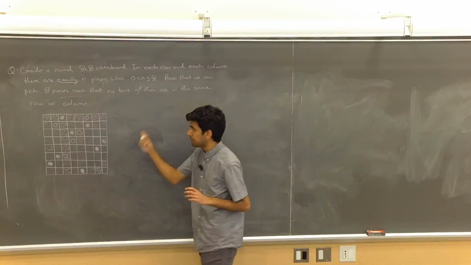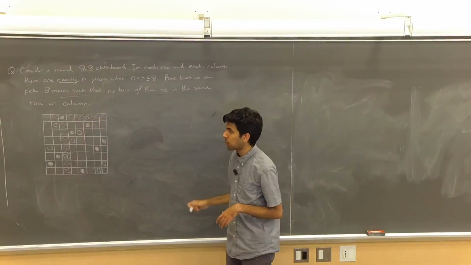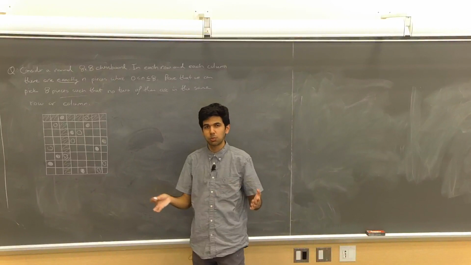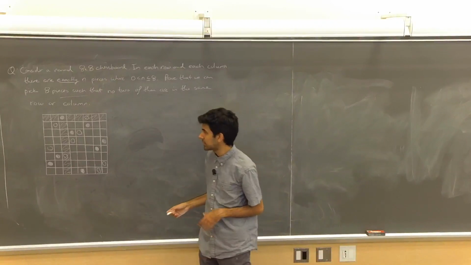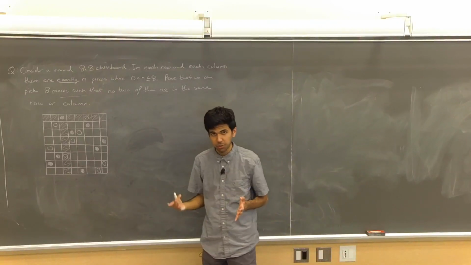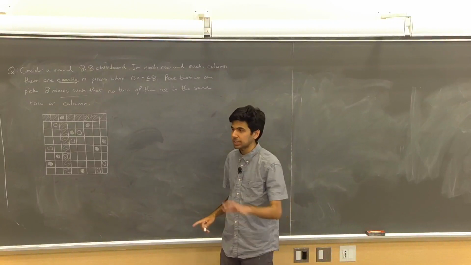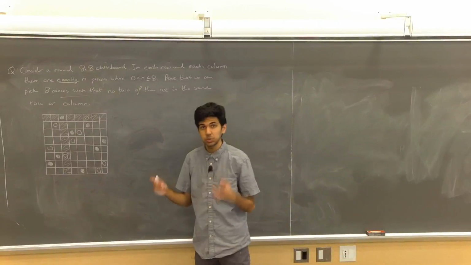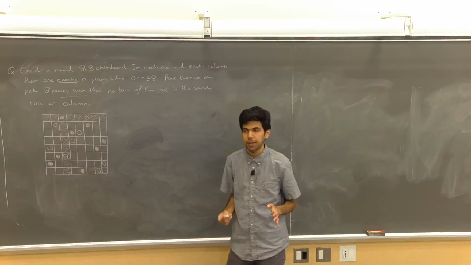That is, a single piece will determine its own row and column. More importantly, each piece will have a unique row and column pair.